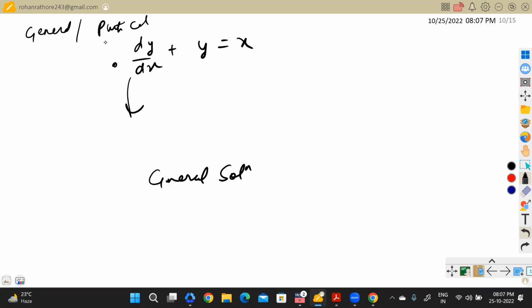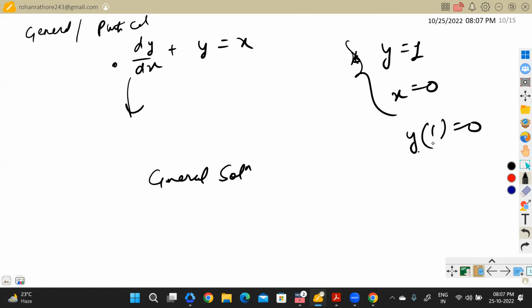And if you want a particular solution, then there must be some conditions given, like when y is 1, x is 0. So this is just one condition. Sometimes it is written like this, which means that at x equals 1, y is 0, the same thing. So you put these conditions into the general solution, and then only you can solve for the particular solution.